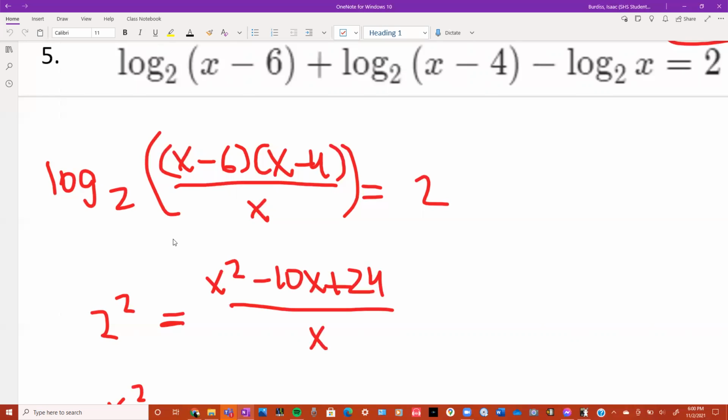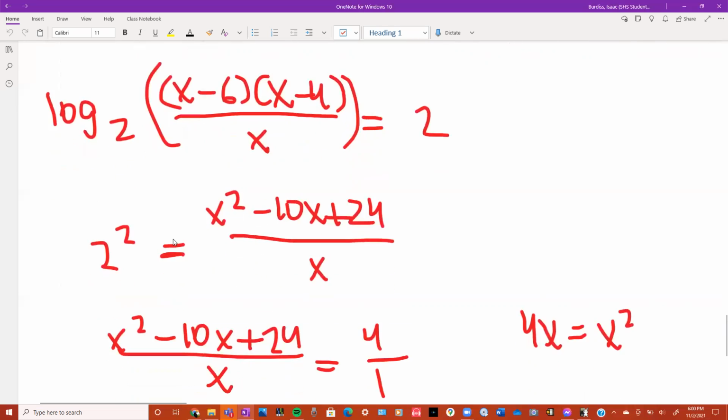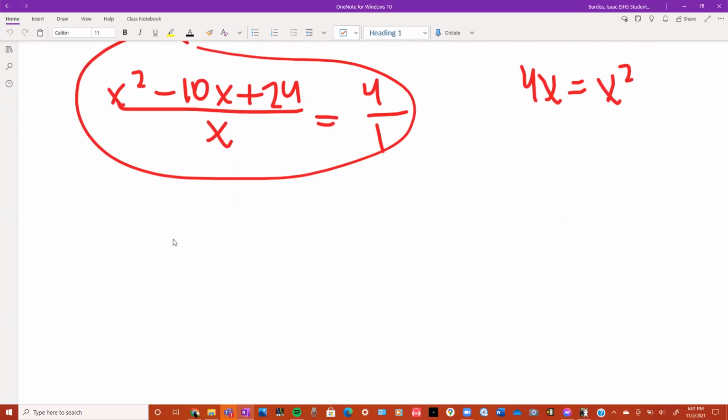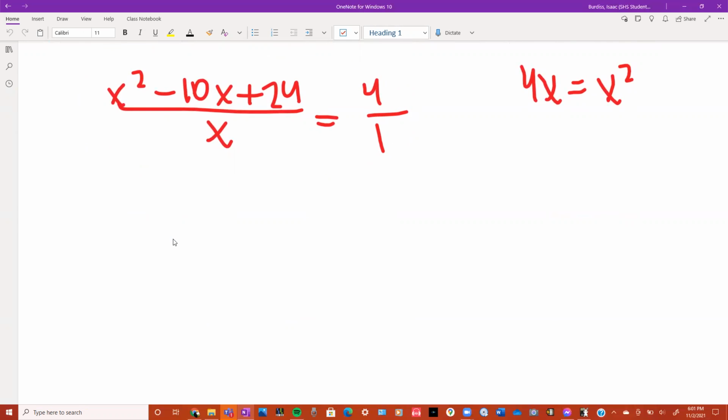So this one's a little bit tough. That will be 4. We can say 1. We can cross multiply. So 4x equals, forgot to scroll again, sorry. So this is, here I got to the proportions, and well, not really proportions, but you cross multiply, and that's what I did. And now I'm writing down the other side.